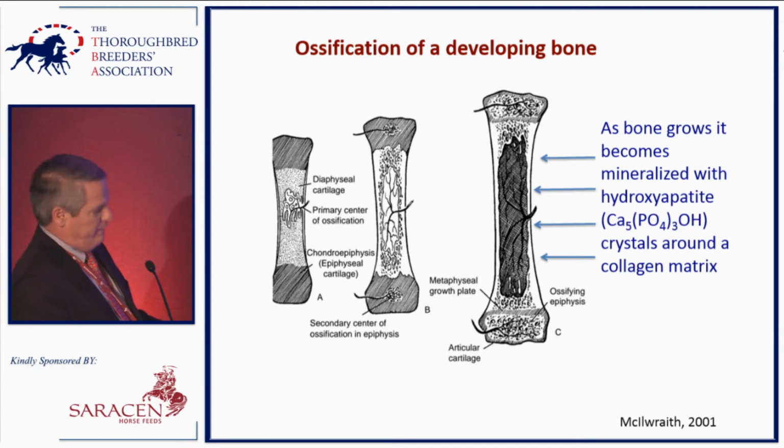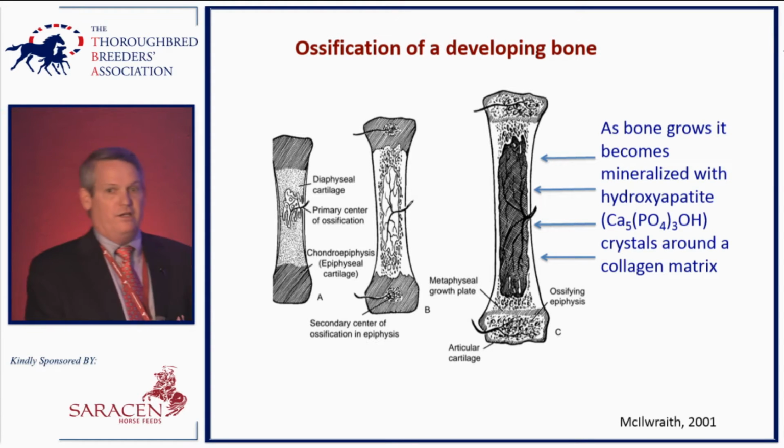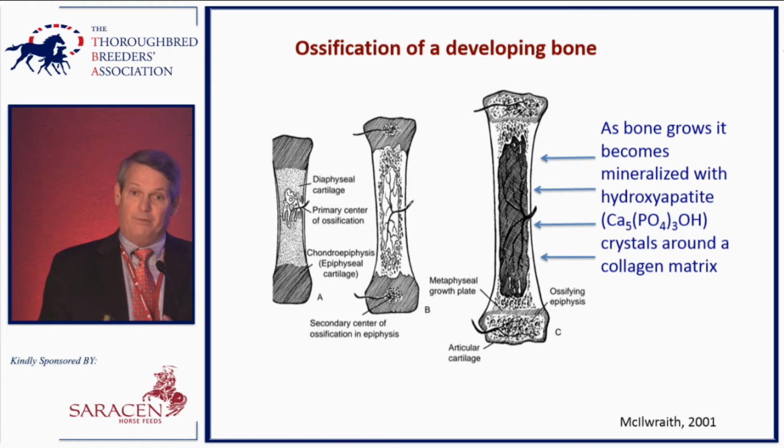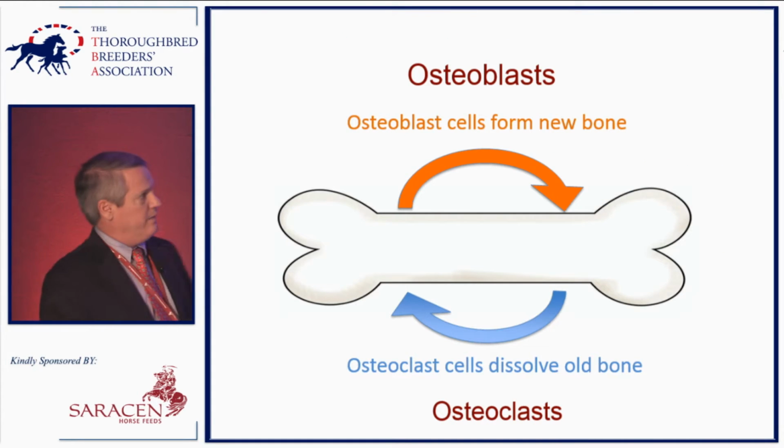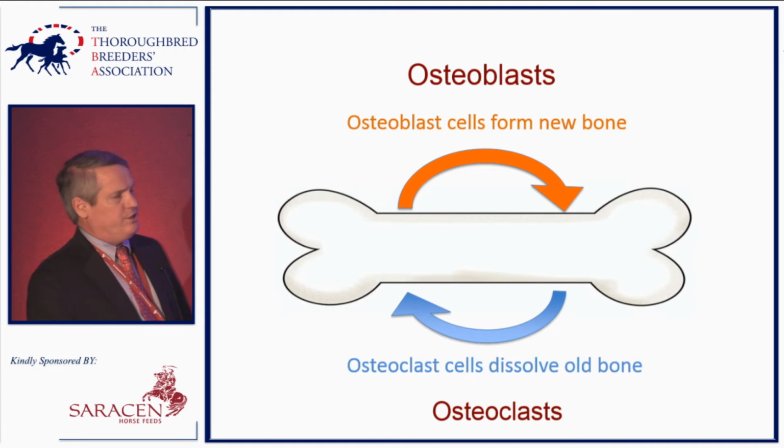As the bone develops and you have this mineralization going on, the bone is mineralized with this crystal that's a combination of calcium and phosphorus. These crystallize around a collagen matrix, and the bone becomes stiffer and stronger. This cartoon shows basically what happens.